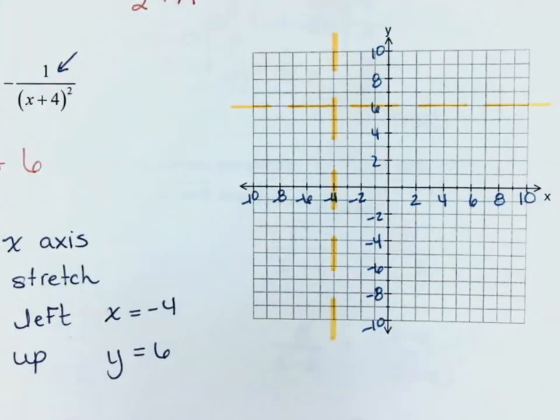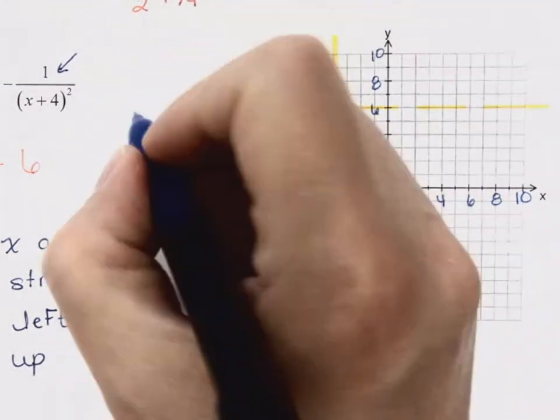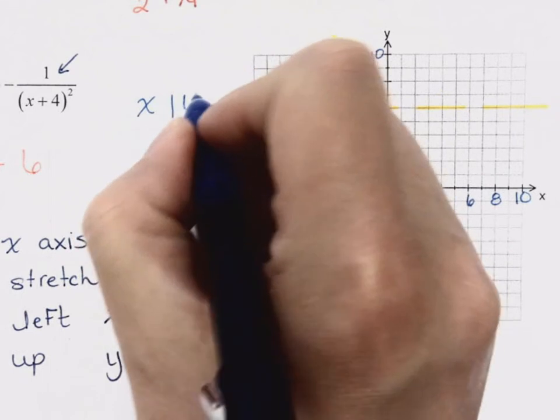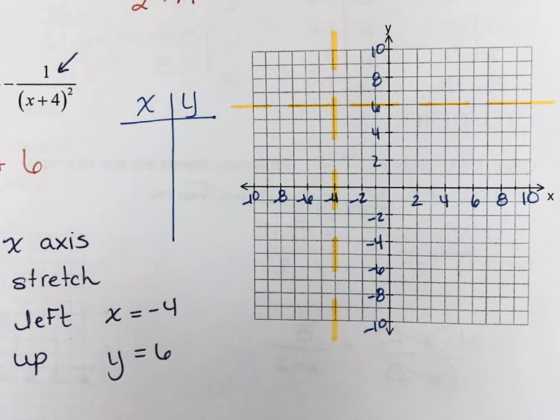You're going to have to do a table of values because we're going to substitute them into the equation, right? So what values am I going to pick?